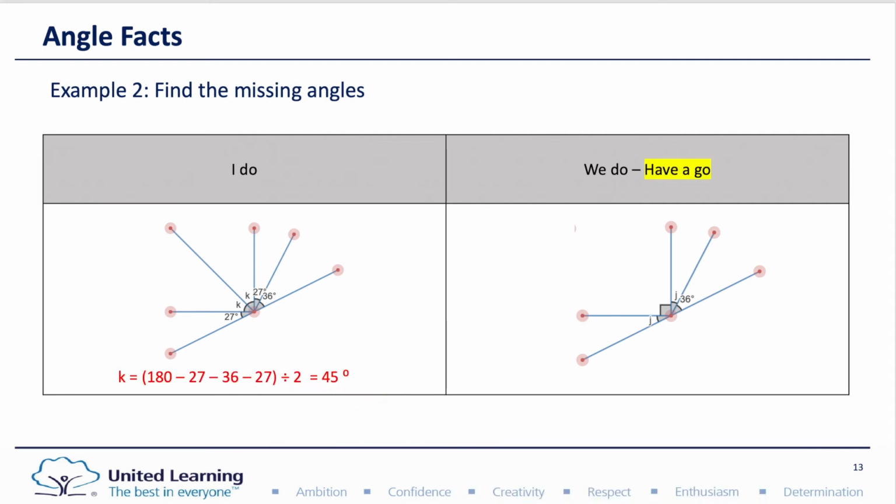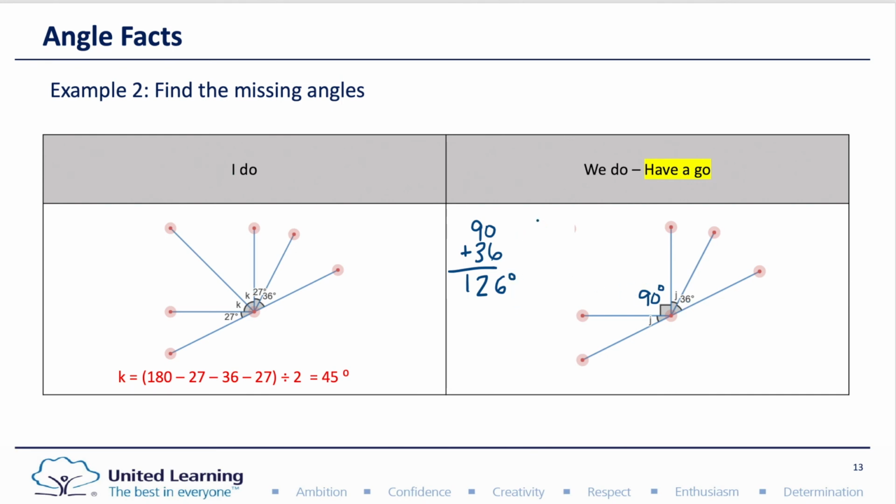All right, last check-in. Let's see how your last question went. So first thing you probably did is you remembered this box in a diagram represents 90 degrees. You have a right angle. So maybe you did this first, 90 plus 36 to get 126 degrees already in the diagram.